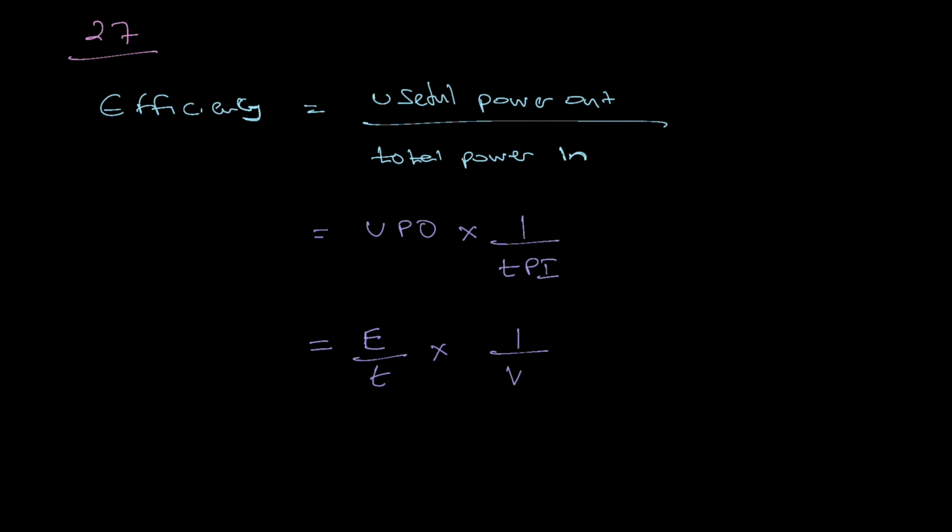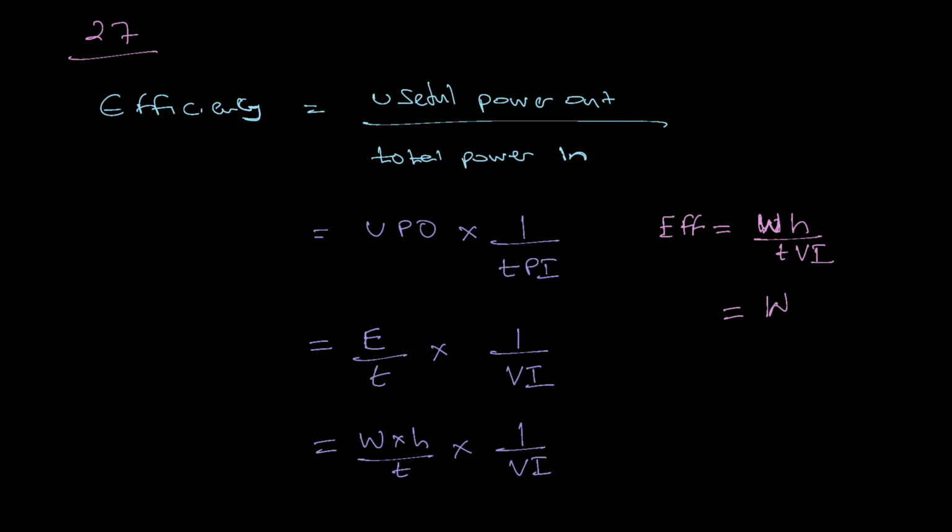Total power in is VI. But energy is work done, which is the force times distance, h over t, times 1 over VI. So therefore, efficiency is equal to the work done, which is the weight times height, over t VI. So the final answer will be Wh over VIt. And that answer is going to be C.